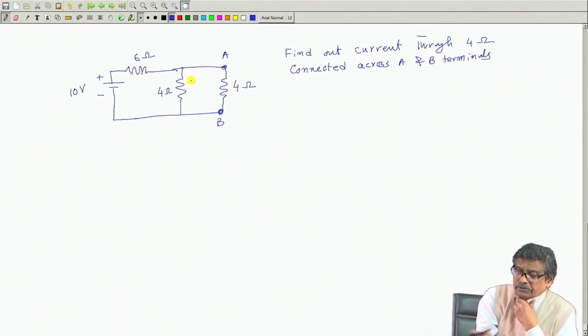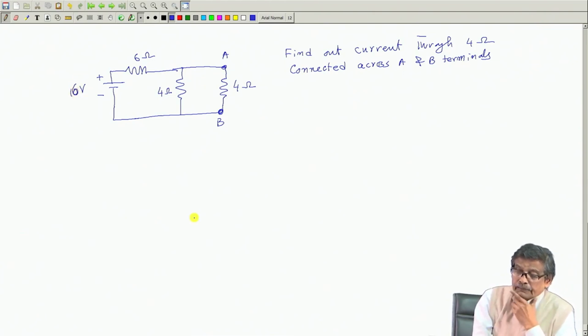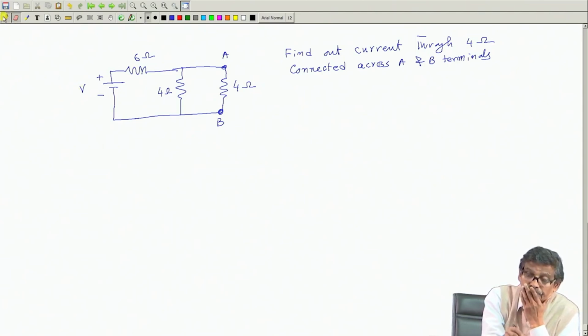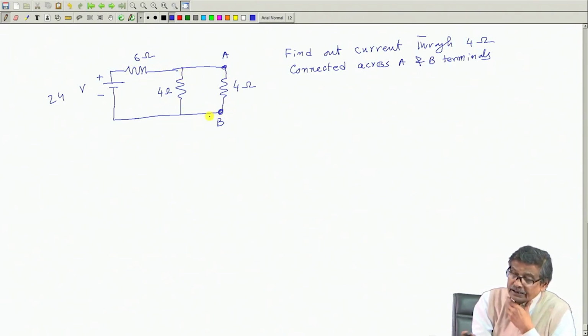Okay, this problem is so simple, I can find, let this voltage be 16 volt. Or 24 volt, it will be better, 24 volt. So, this circuit can be easily solved, 2 ohm, 2 plus 6, 8 ohm, 24 by 8, 3 ohm will be here, then 1.5 and 1.5 will flow, that is known.